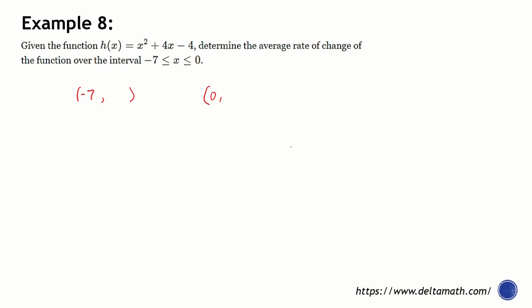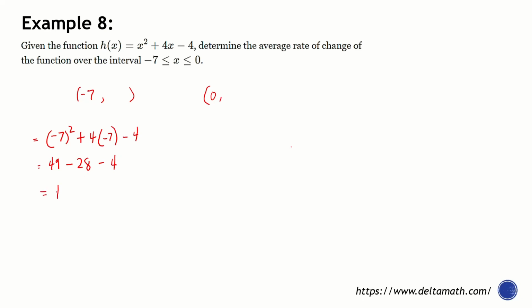All right, let's do that negative 7 first. So negative 7 squared plus 4 times negative 7 minus 4. This is 49 minus 28 minus 4.